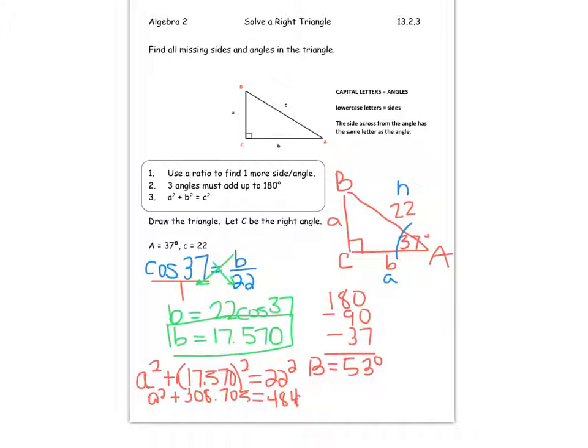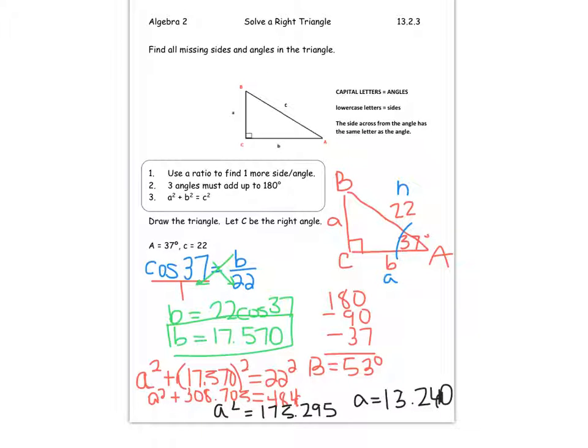So 484 subtract 308.705 equals 175.295. So a squared equals 175.295. And then if I square root both sides, a will be 13.240.